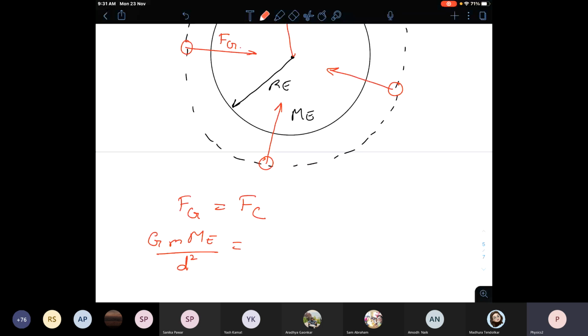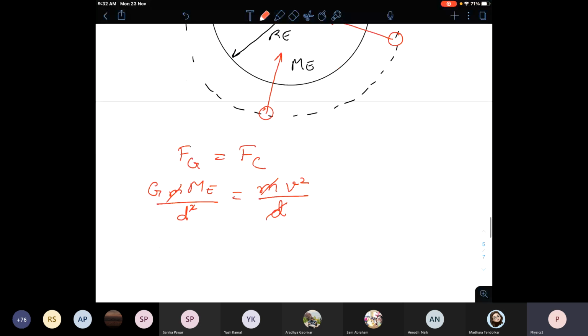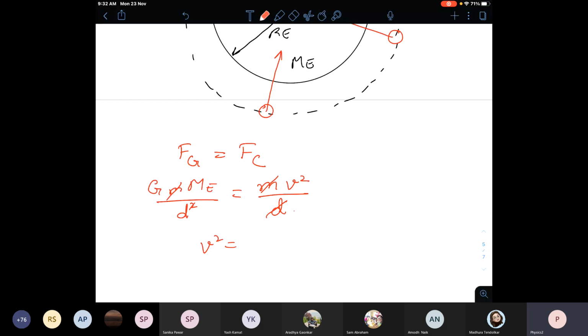For centripetal force, the formula is m v square by r, where r is the radius of the circular path of the satellite. So the radius of the circular path is d. If you simplify it, you get v square equals G M by d. Now you can replace the value of d with Re plus h.